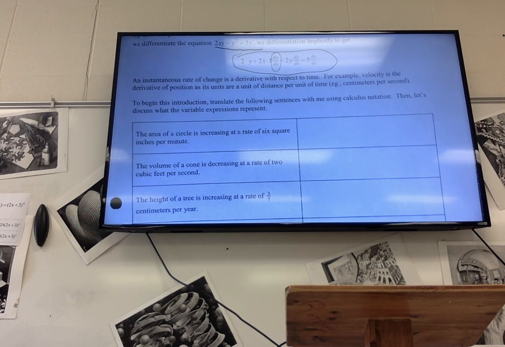Also know that a derivative is a rate. So like velocity. We want to say speed, but technically velocity is also a rate. If you're driving your car, at least in America, you measure in miles per hour.